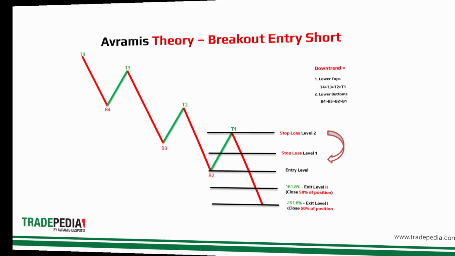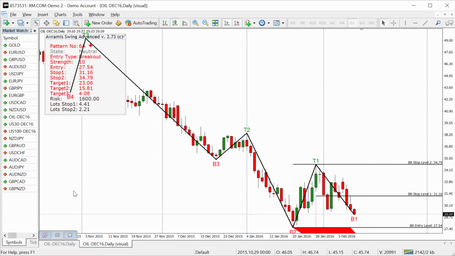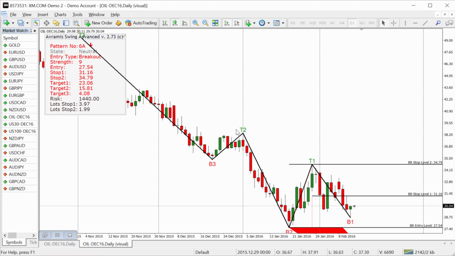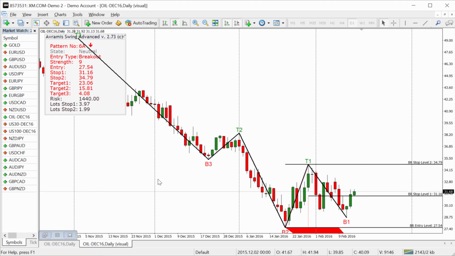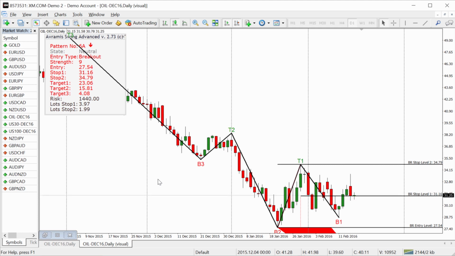Taking a look at the Avramis swing indicator on the MT4 platform, we can see that the first job of the indicator is to outline to us the correct tops and bottoms in the marketplace. Now, from there, using our rules of trend identification, we can see that we have a strong downtrend in place identified by the lower tops and lower bottoms.